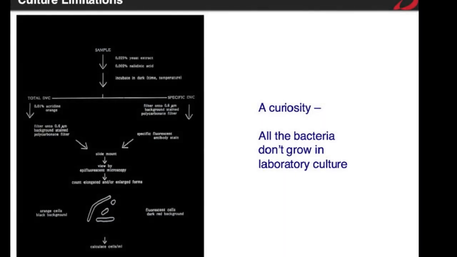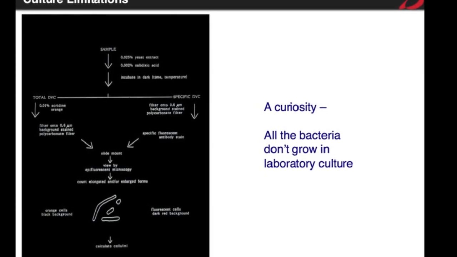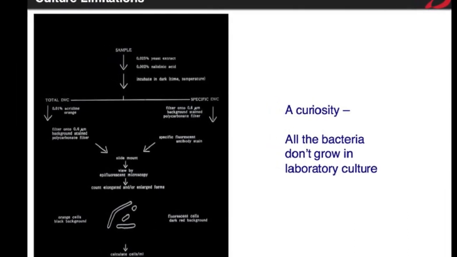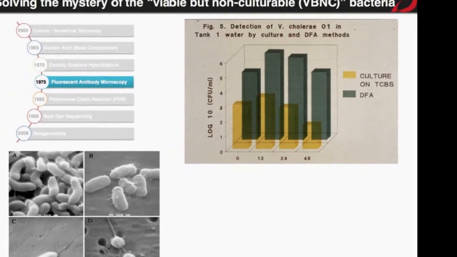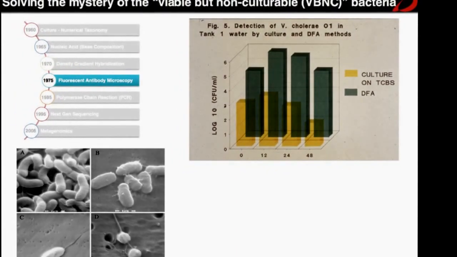We also moved into work in the field, because I am a microbial ecologist, knowing that there were a lot of bacteria out there that we could not grow. We developed a technique that allowed us to see these and published a paper on the non-cultural bacteria, which was very controversial at the time.